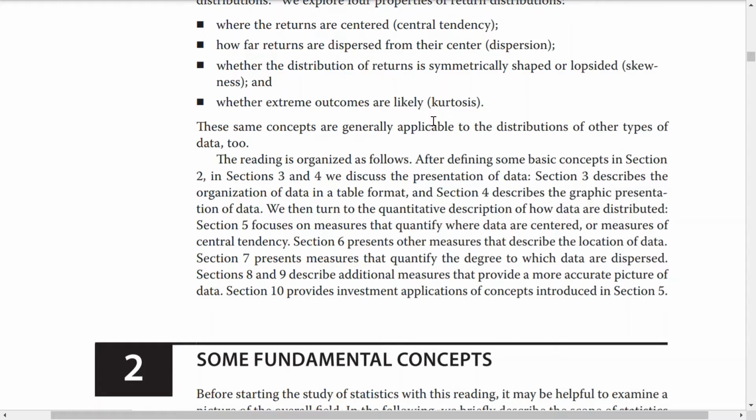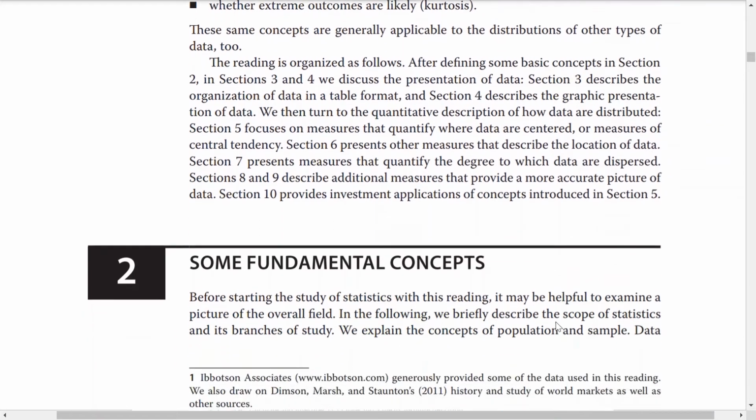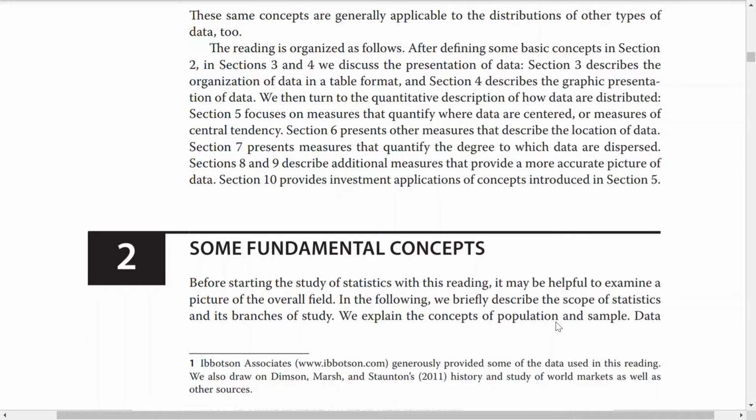Section 5 focuses on measures that quantify where data are centered, or measures of central tendency. Section 6 presents other measures that describe the location of data. Section 7 presents measures that quantify the degree to which data are dispersed. Sections 8 and 9 describe additional measures that provide a more accurate picture of data. Section 10 provides the investment applications of concepts introduced in Section 5.